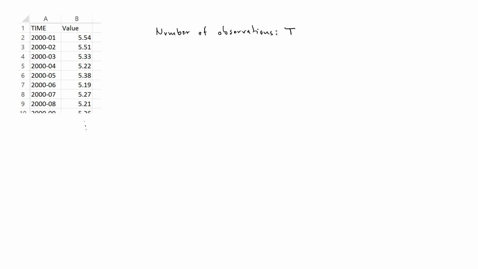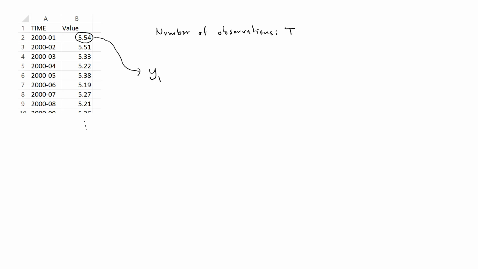Similarly to the idea behind cross-sectional data, we will view this number here, y1, as the outcome of a random variable. So our view here is that there is a random variable determining the German long-term interest rate for January 2000, which we call y1.